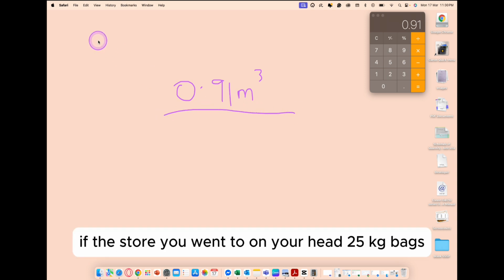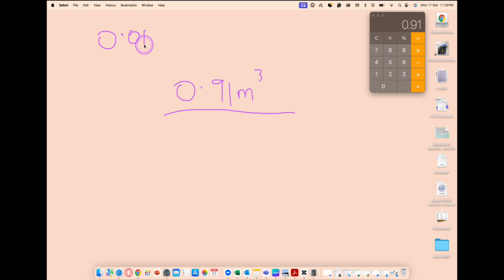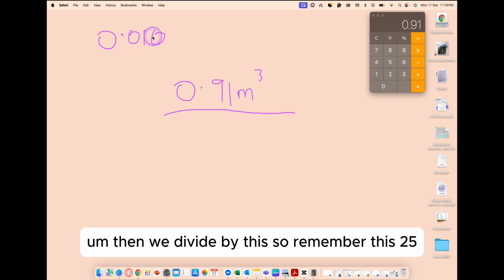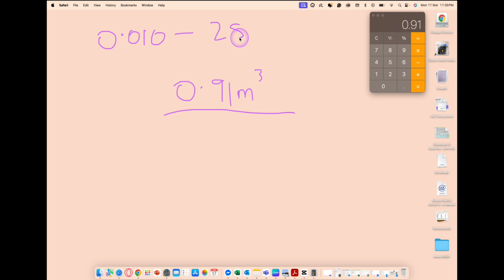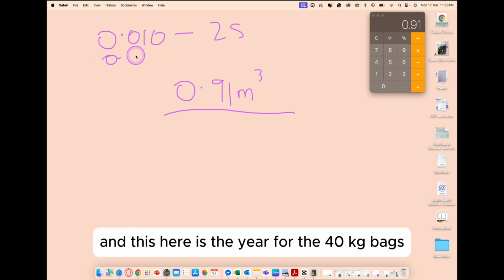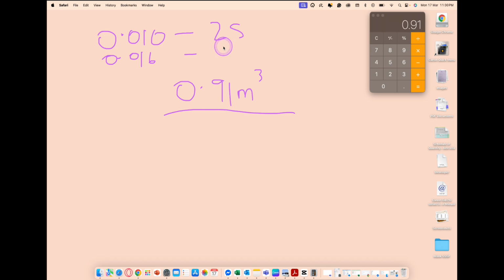If the store you went to only had 25 kg bags, then we'll divide by this. So remember, this 25, and this here is the yield for the 40 kg bags.